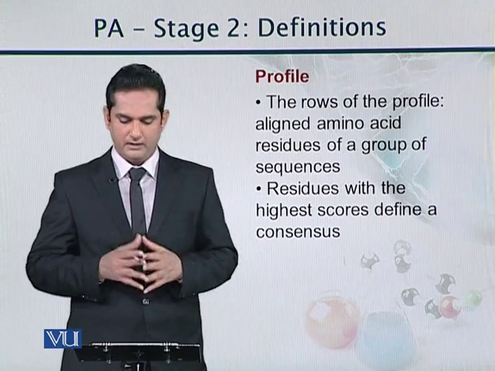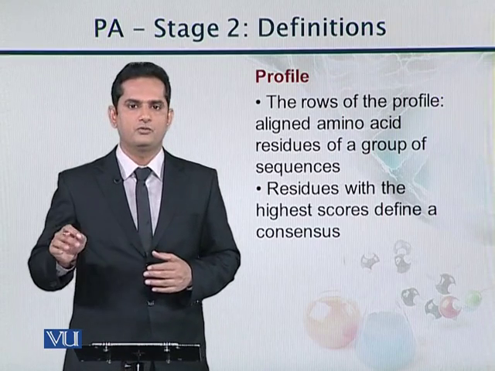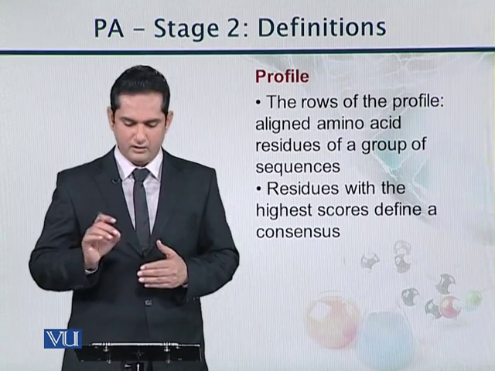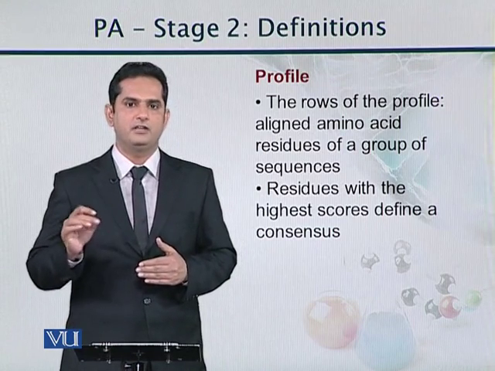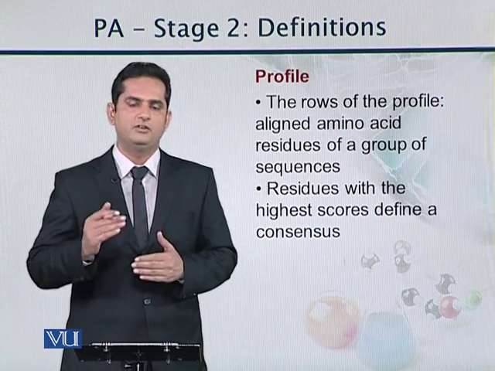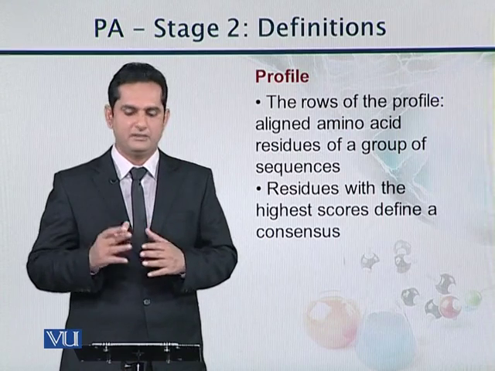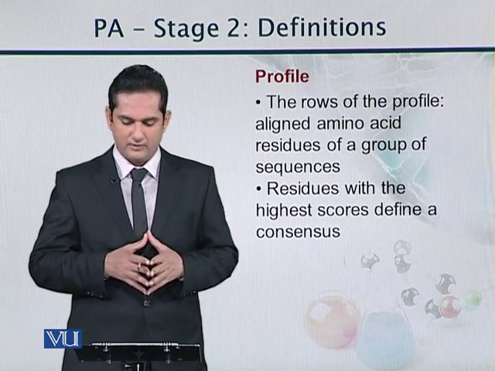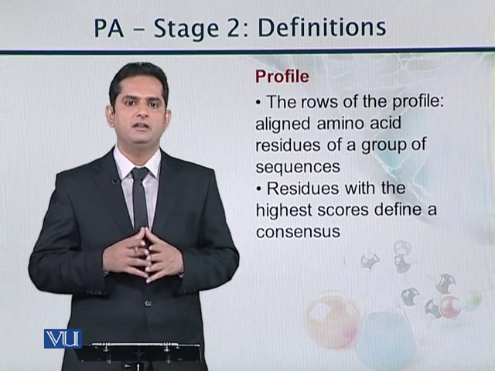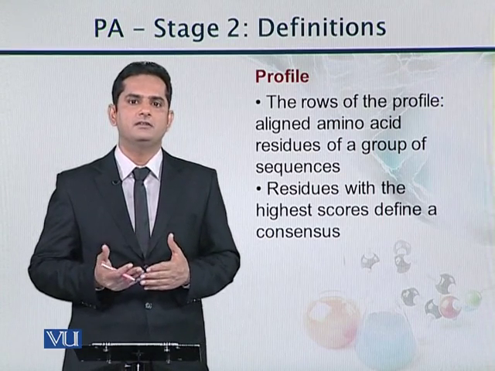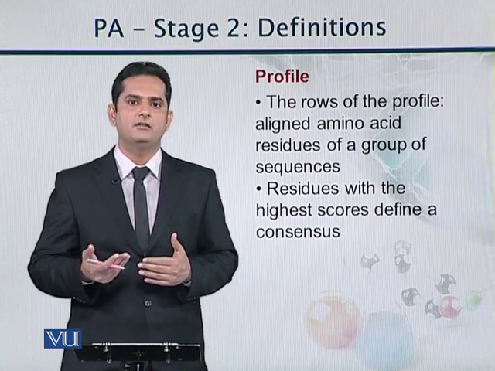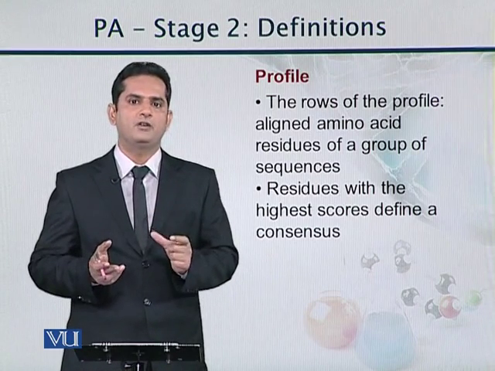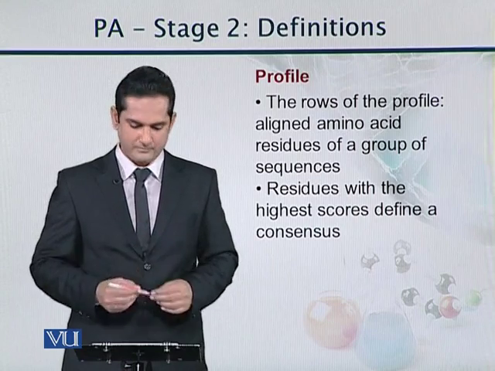So in profile, among the rows of the profile, we have our aligned amino acid sequences or residues which are there when we are aligning multiple sequences, and those residues which have the highest score, what do they give us? They give us a consensus. What is consensus? Consensus is basically a voting where a higher number of votes gives more accuracy.